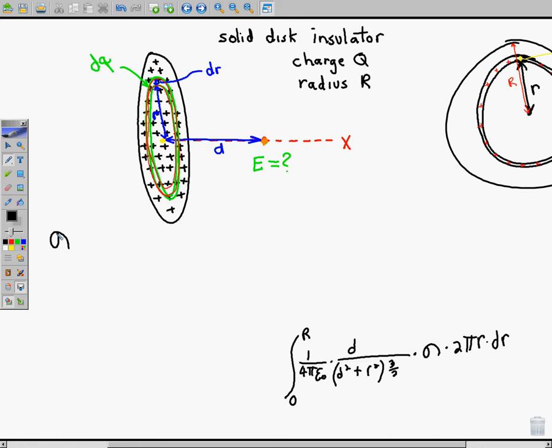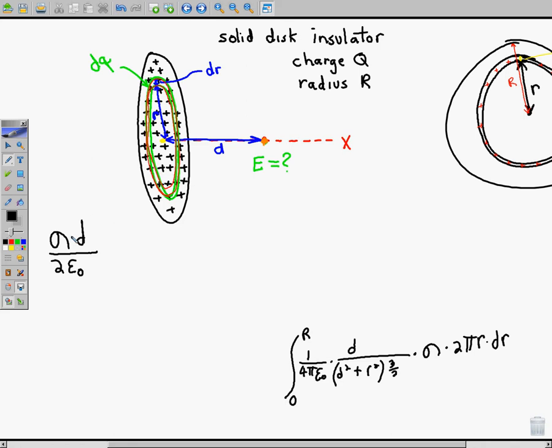Okay. What constants am I going to have out front here? So 2 epsilon 0. So sigma over 2 epsilon 0. Is that it? Oh, there's a d there too, yeah. Yep.